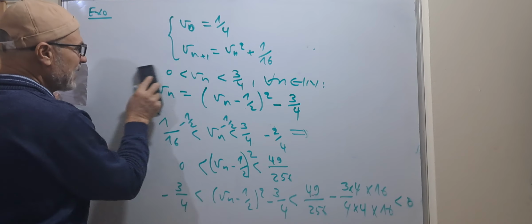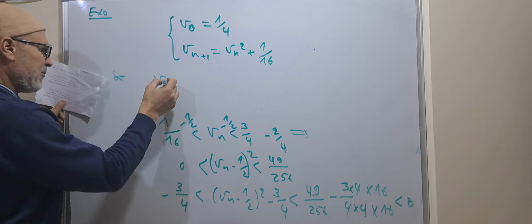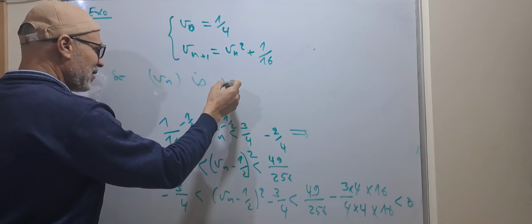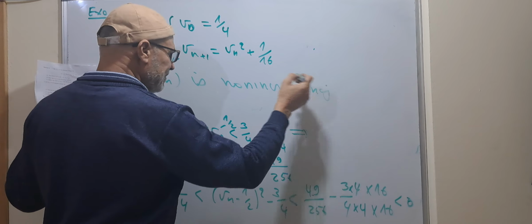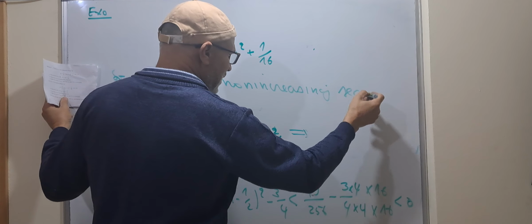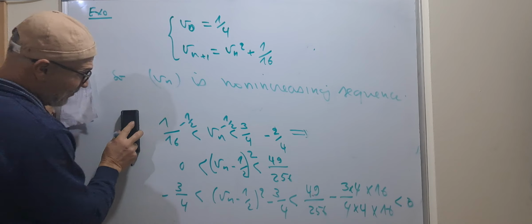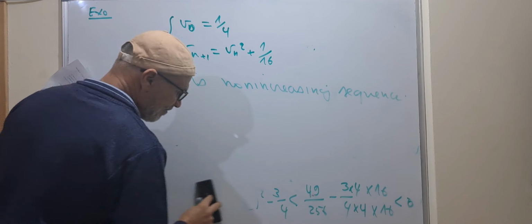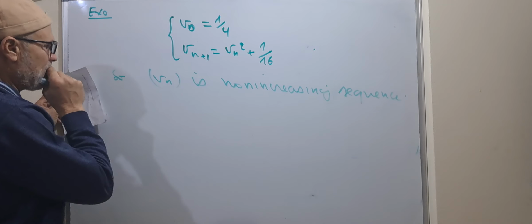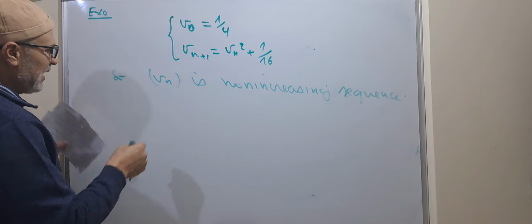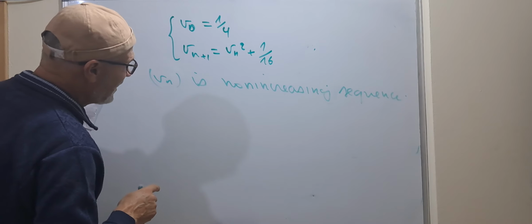Vn is a non-increasing sequence. It is bounded below and non-increasing.